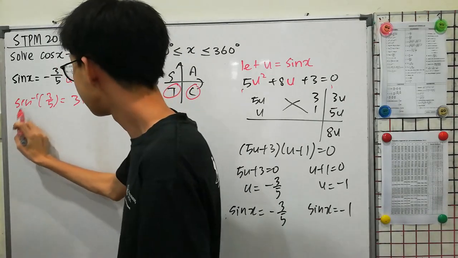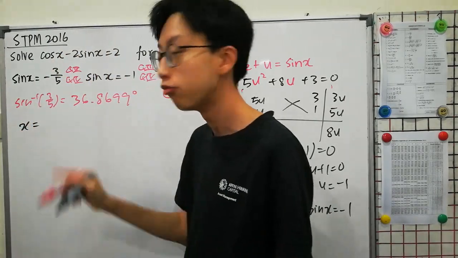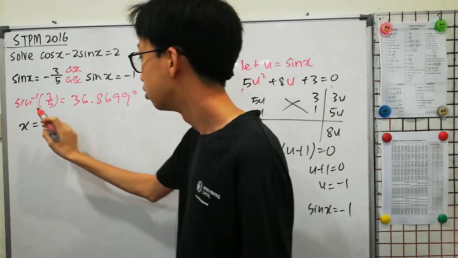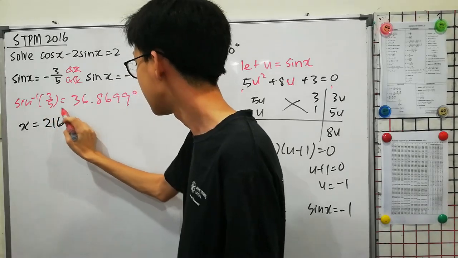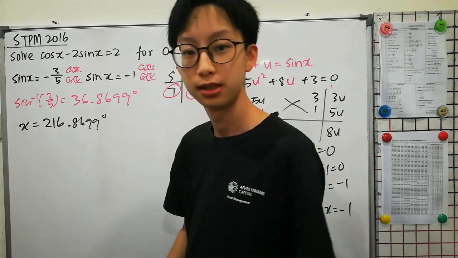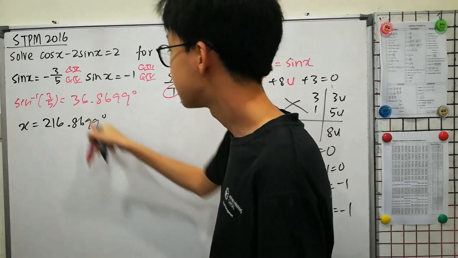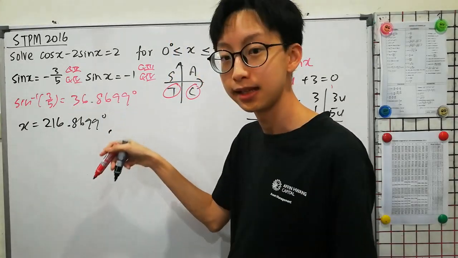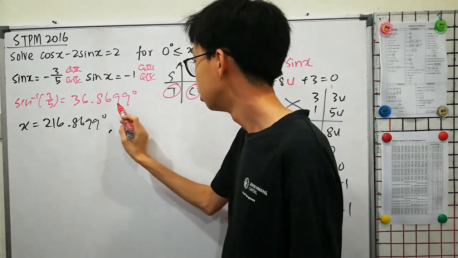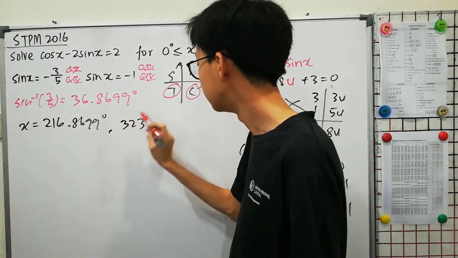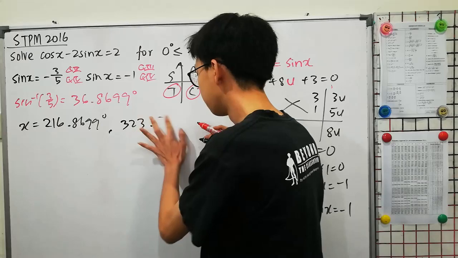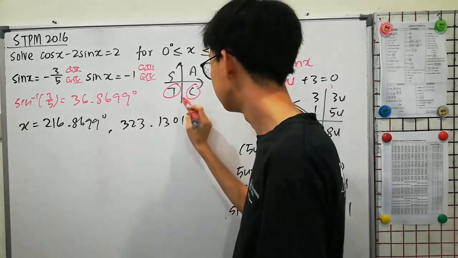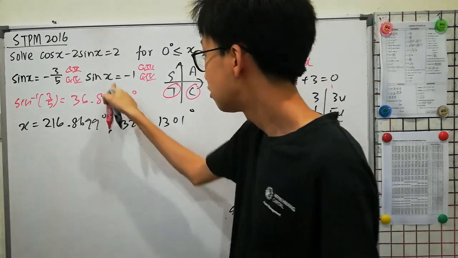So x, when it is in quadrant 3, will be 180 plus 36.8699, which will be 216.8699 degrees. When it is in quadrant 4, it will be 360 minus 36.8699, which will be 323.1301 degrees.